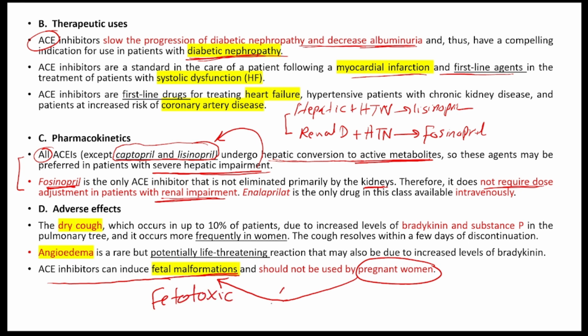For this reason, they are contraindicated during pregnancy. It's not allowed to use ACE inhibitors during pregnancy. So here we need to remember and understand the situation: we don't recommend using ACE inhibitors during pregnancy.